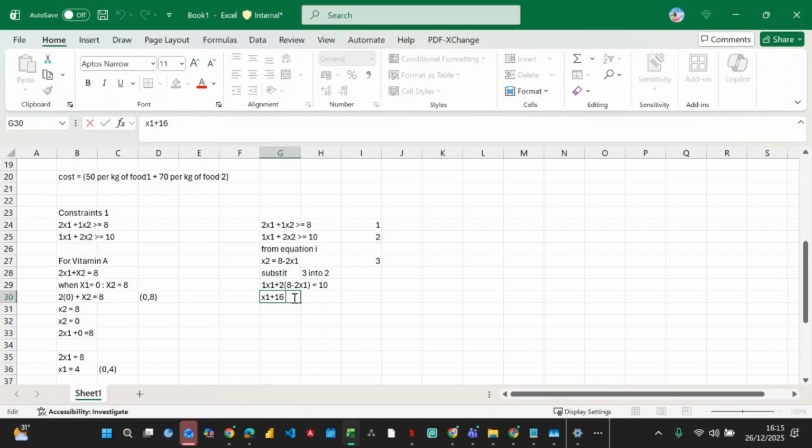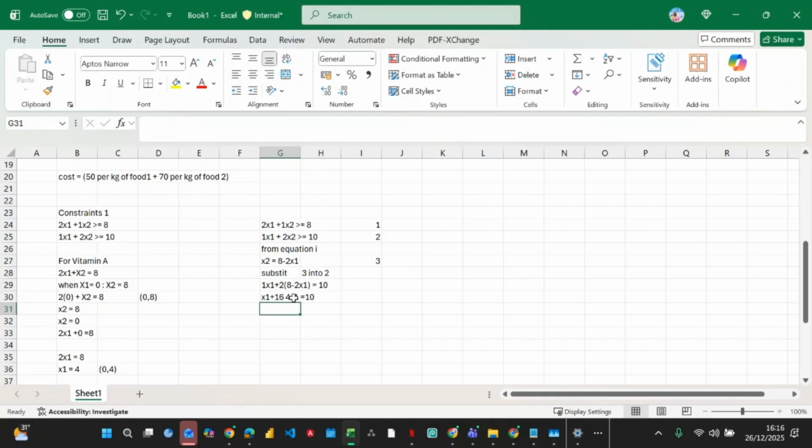So 2 times 8 gives me 16. Then 2 times 2x1 gives me 4x1. That's what I have. Then this will be equals to 10, right?